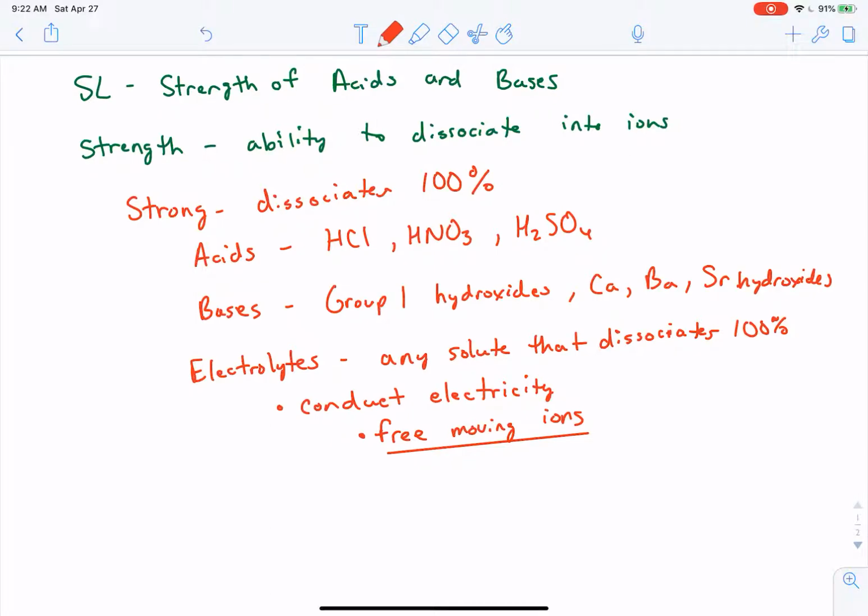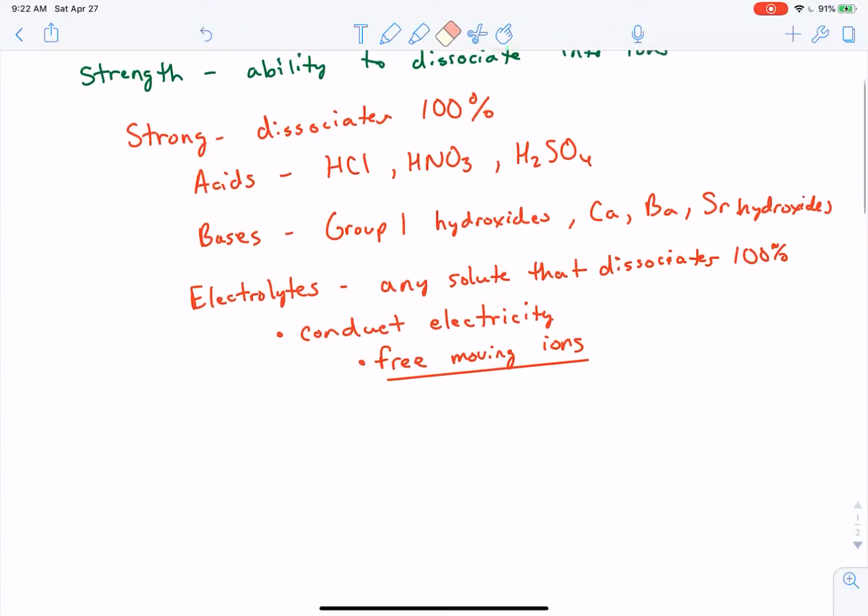That's why a solution conducts electricity, because of free moving ions. So if they say a strong electrolyte solution, that means there's a high concentration of ions. If they say weak electrolyte solution, that means there's a low concentration, but there is enough to conduct electricity. If they say a non-electrolyte, that means there's no ions. And we'll kind of get to that in a second.